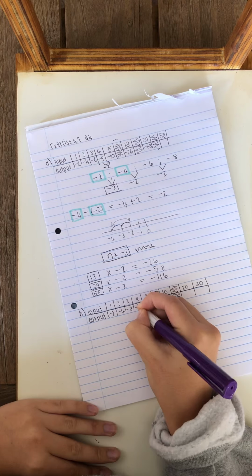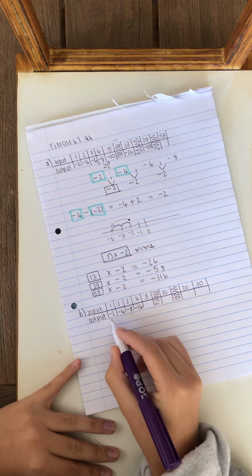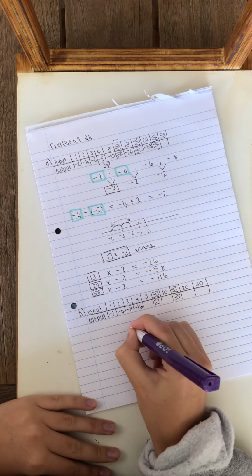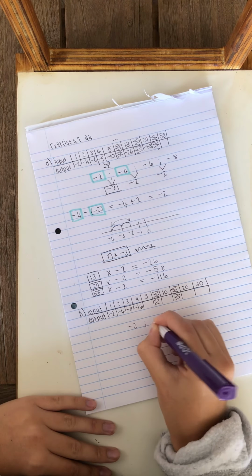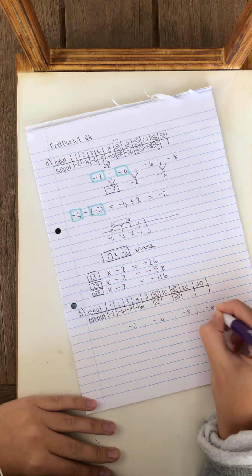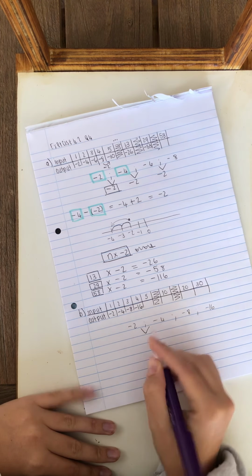And the reason why it's a higher level question is because this doesn't have a constant difference. If we do look at it, it goes -2, -4, -8, -16. And we work out the difference.